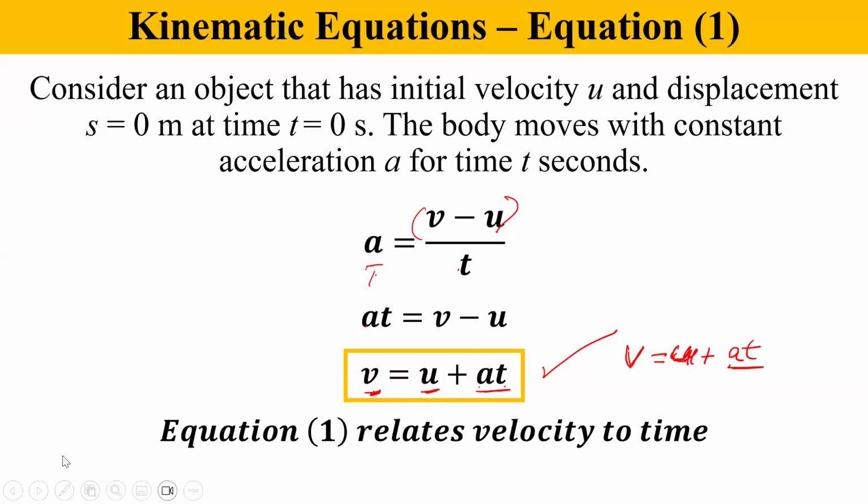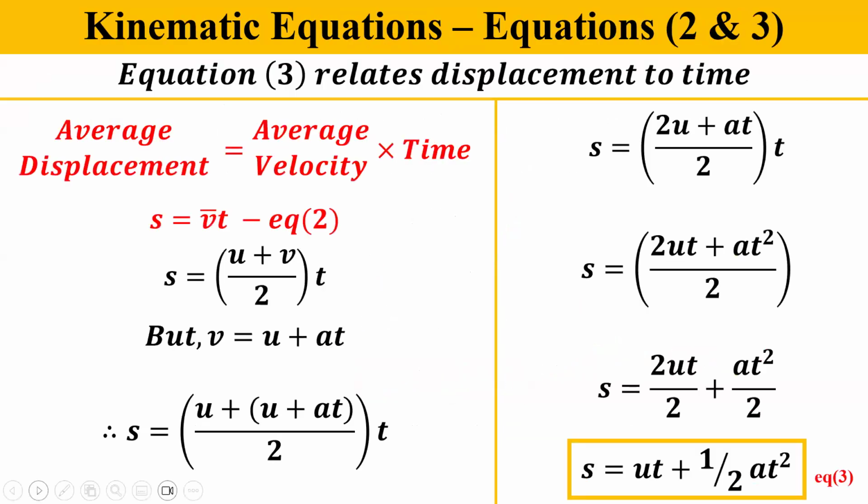All right, let's continue. Another equation that is important to us is equation 2 and equation 3, right? Here we talk about average displacement. You remember velocity was displacement upon time.